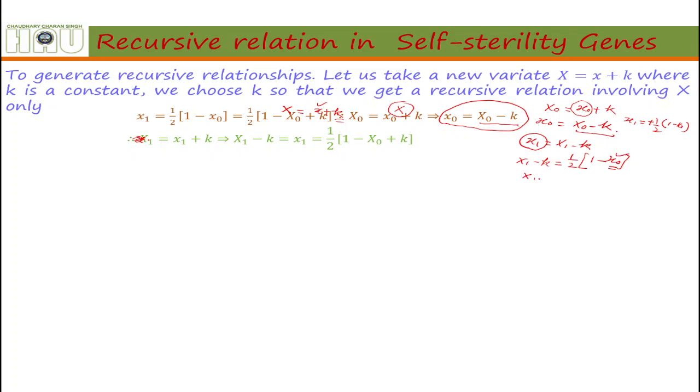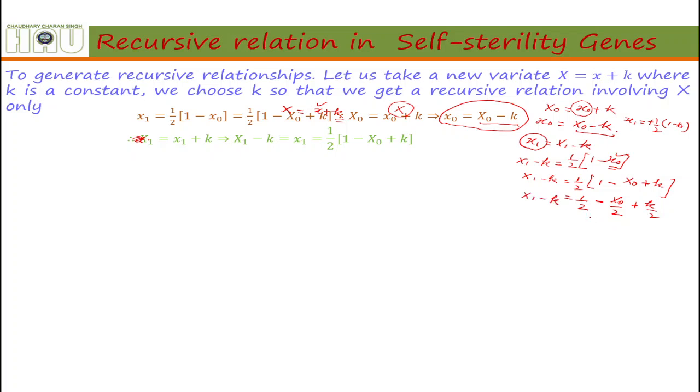So X1 minus k will be equal to half of 1 minus X0 plus k. Minus minus becomes plus. So if you simplify it, it becomes half minus X0 by 2 plus k by 2. And this is X1 minus k.